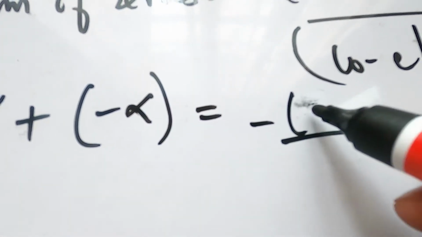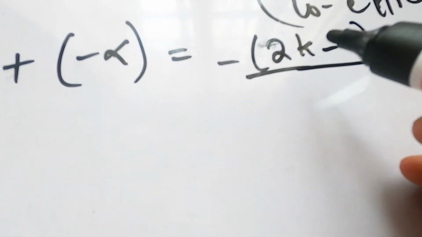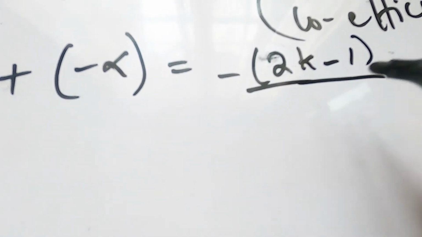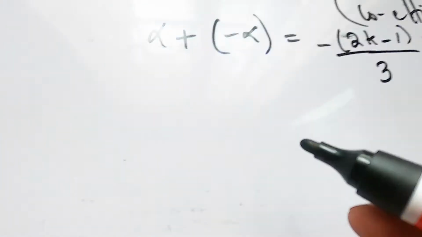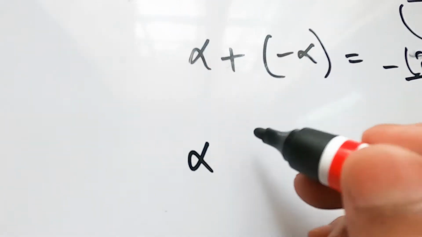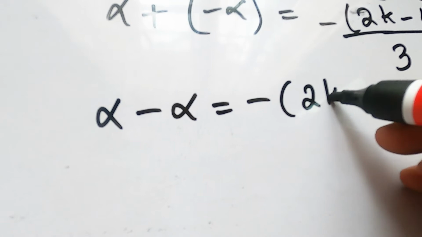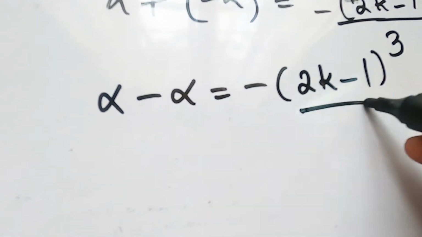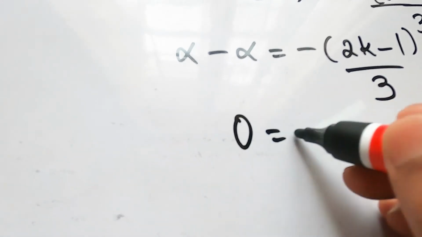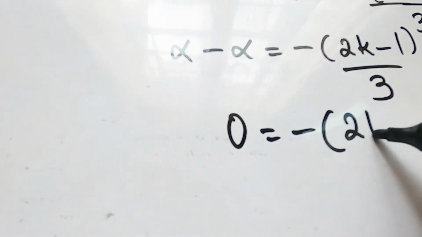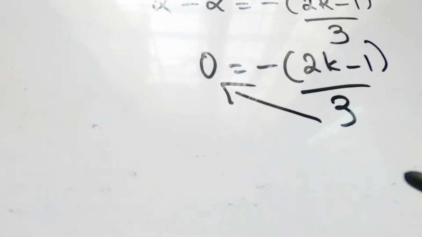Here you'll write minus (2k − 1), and below it will be the coefficient of x square, which is 3. So alpha plus minus alpha is equal to minus (2k − 1) by 3. So alpha minus alpha will be 0. So minus (2k − 1) by 3, and 3 into 0 will also be 0.